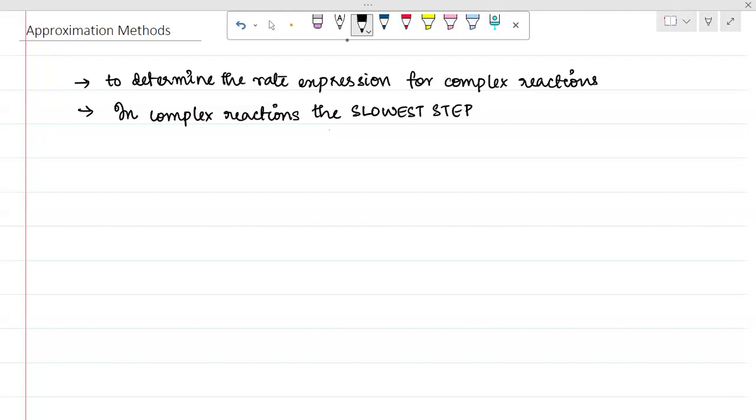We said there are multiple steps in complex reactions, and among them, the slowest step is the rate determining step.